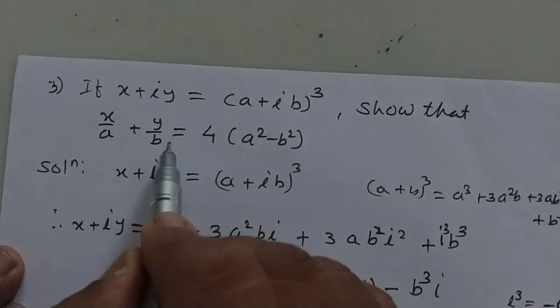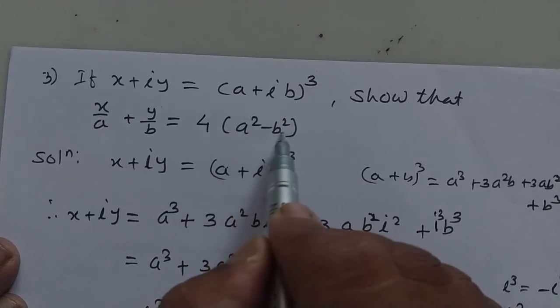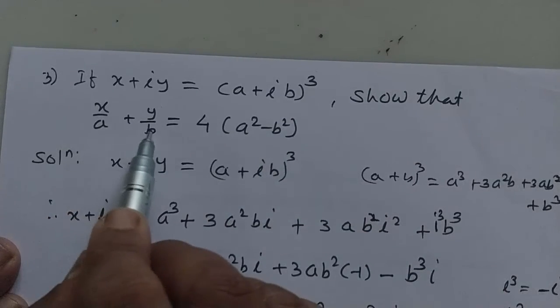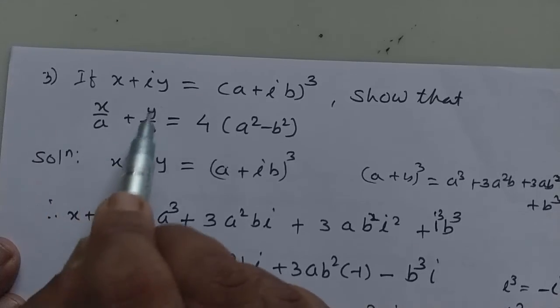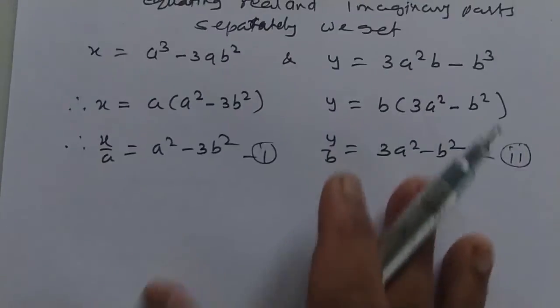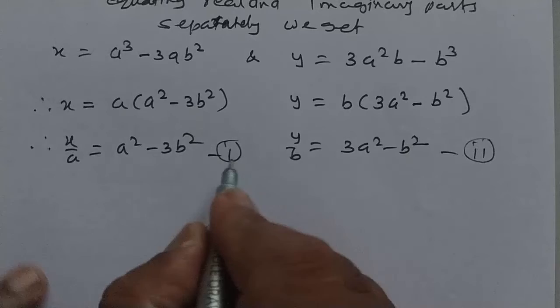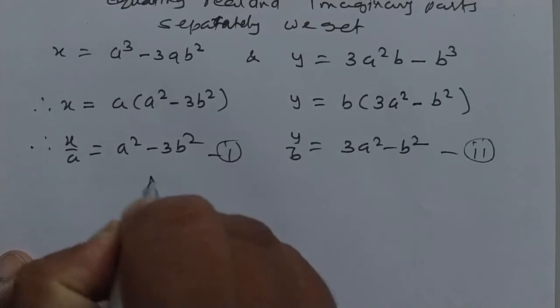Now we want to show that x upon a plus y upon b is equal to 4 times (a squared minus b squared). So this is the addition of x upon a plus y upon b. So we add equations 1 and 2.